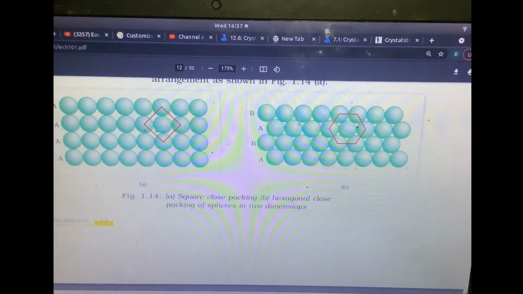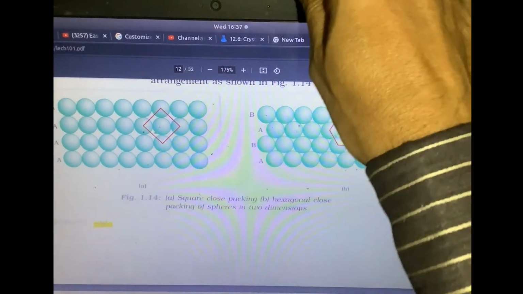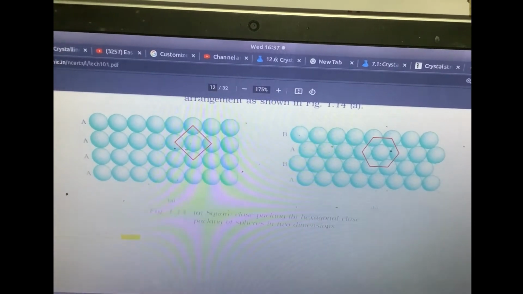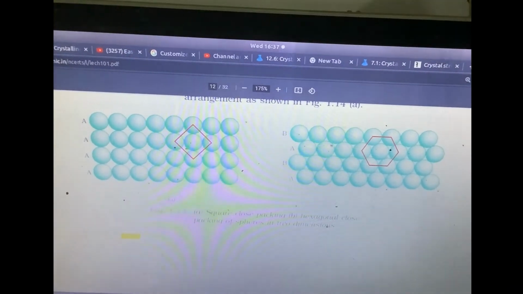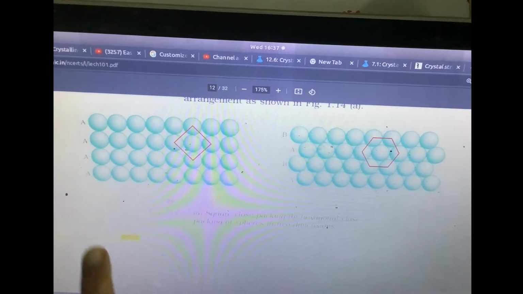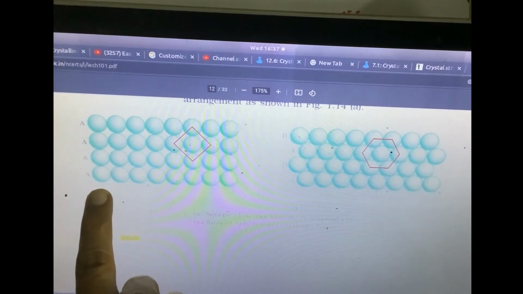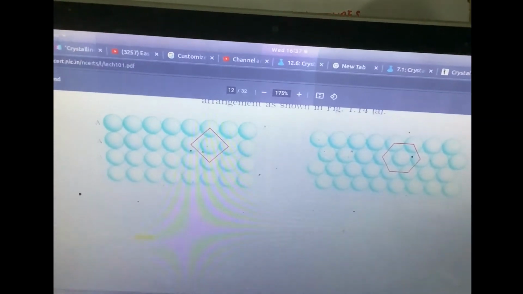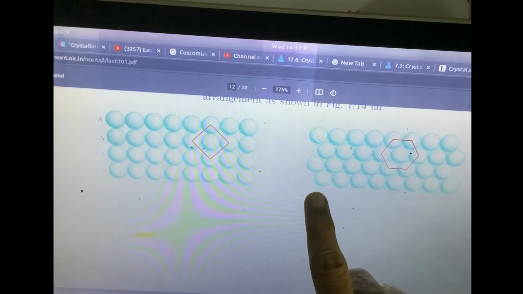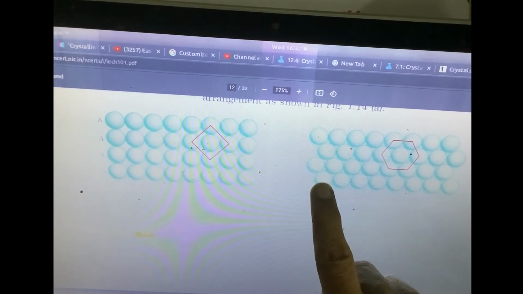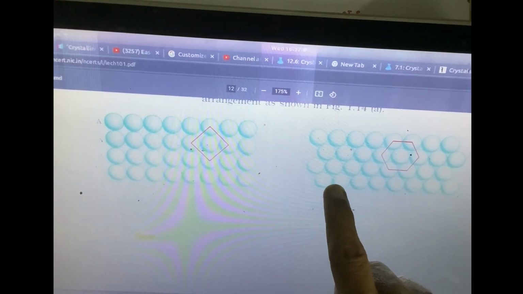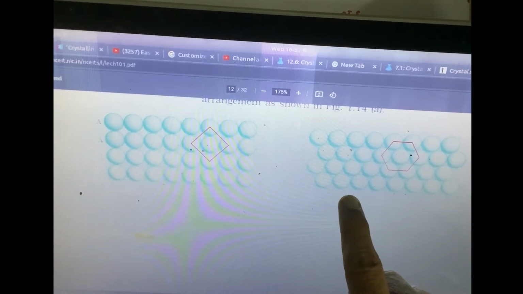This is the AA type, means in two-dimensional the particles are placed one over another in the same manner. So this is AA type, and here the second row is placed in the space between the two constituent particles.